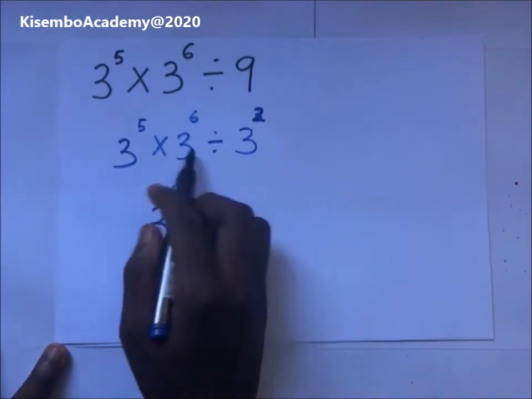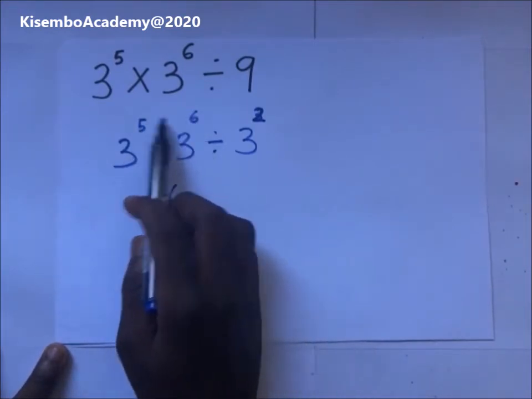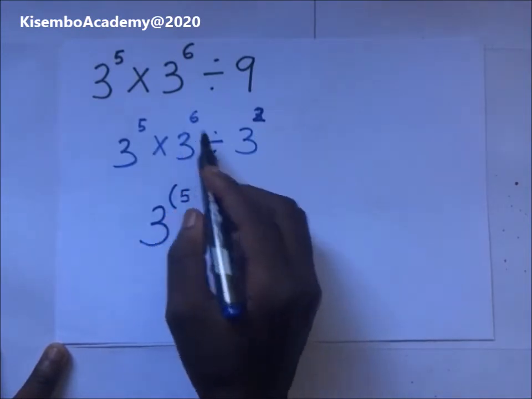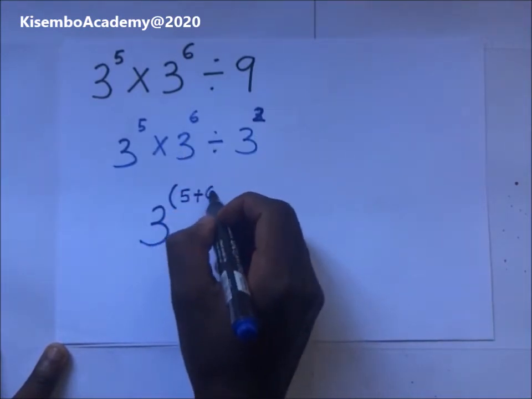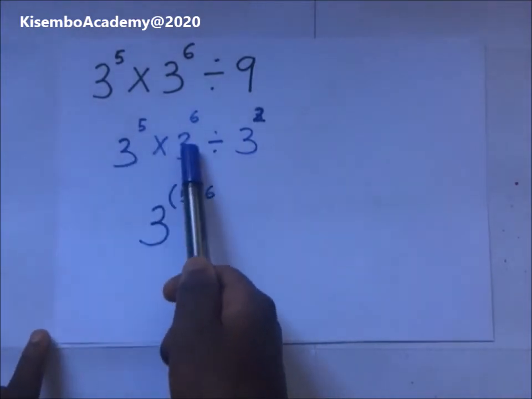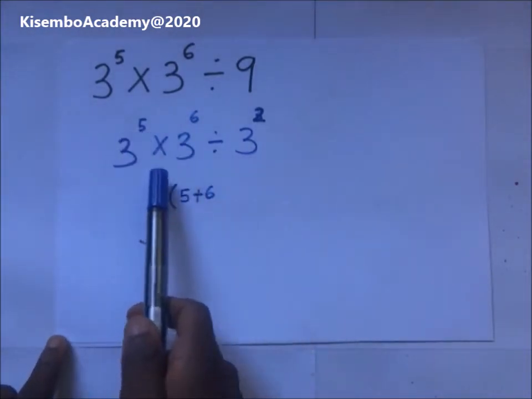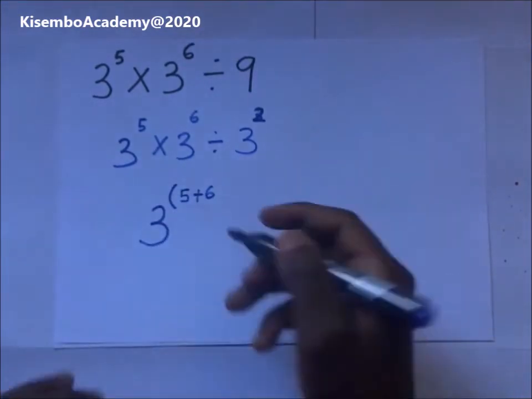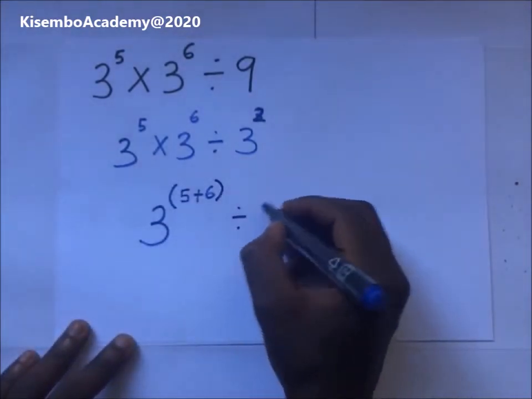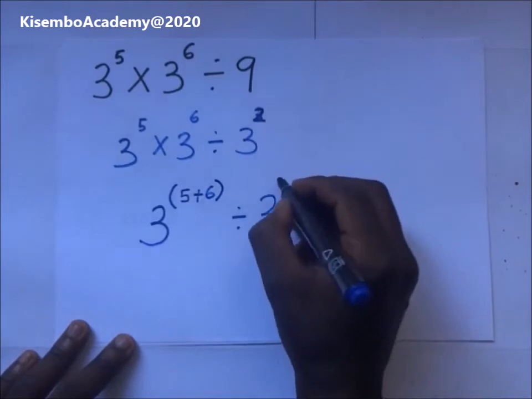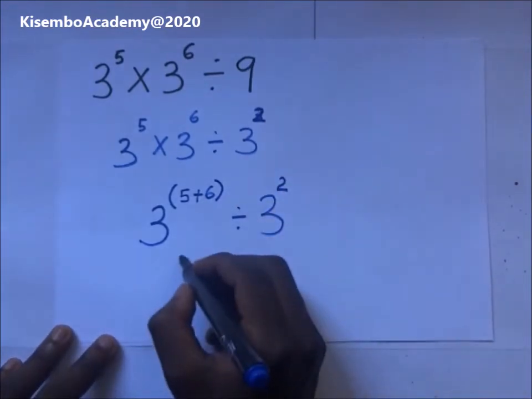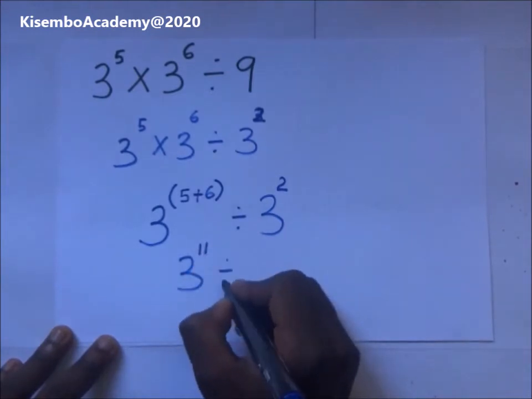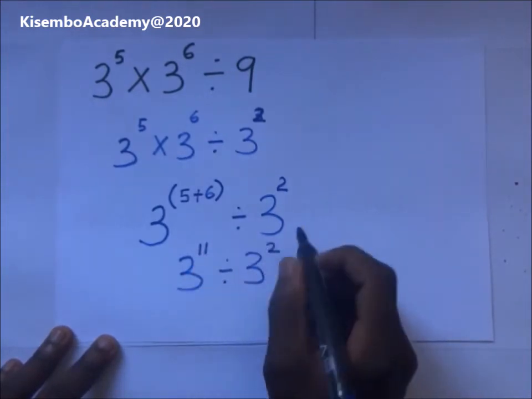With this multiplication, we first add the powers, because it's multiplication of indices, which is 5 plus 6. Divide that by 3 to the power 2. So this becomes 3 to the power 11 divided by 3 to the power 2.